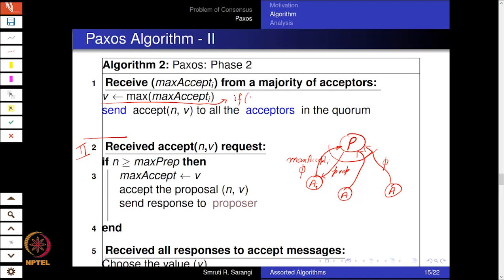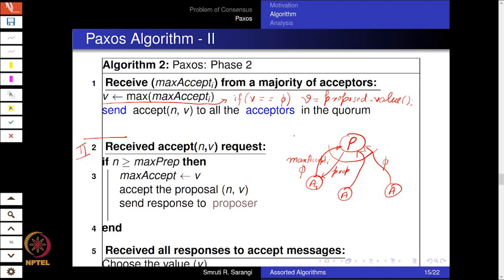So if v is equal to null, then we set v equal to a proposed value.